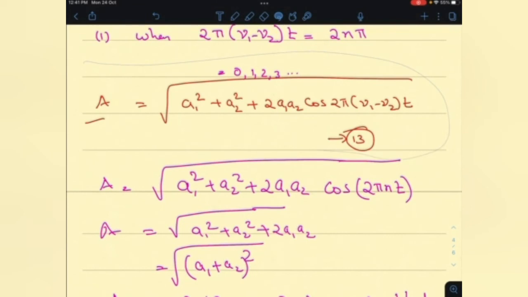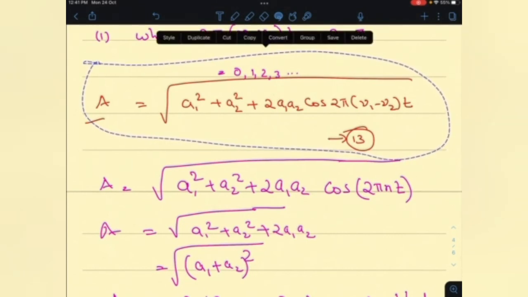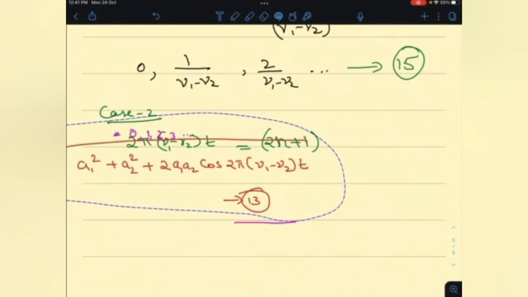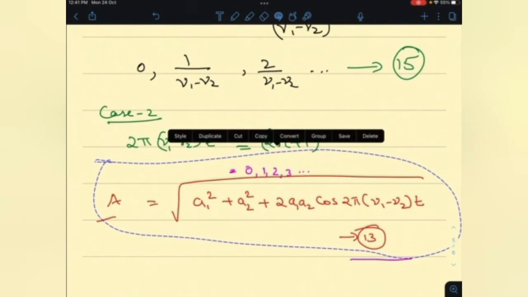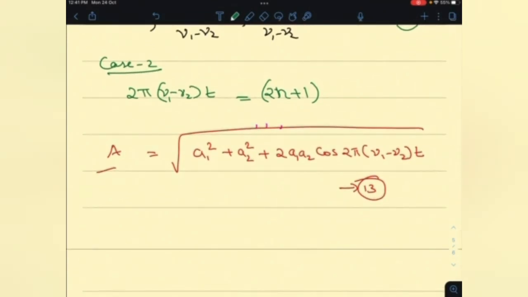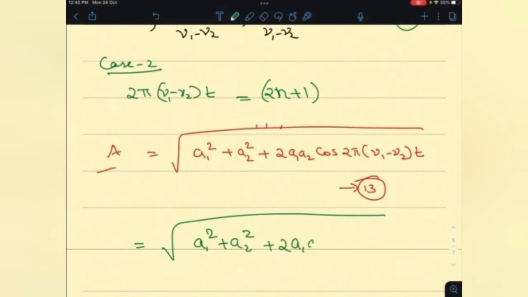So here again you put (2n + 1). What will you get? A is equal to the root of A1² + A2² + 2A1A2 cos of (2n + 1)π.